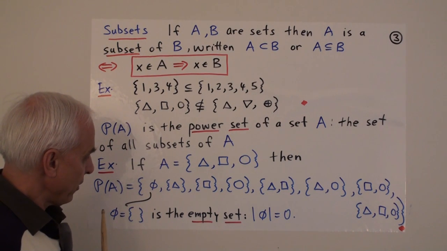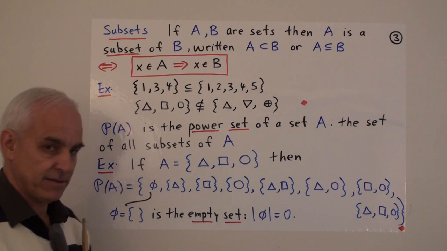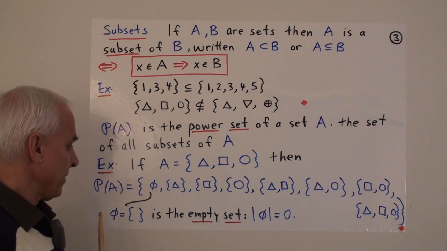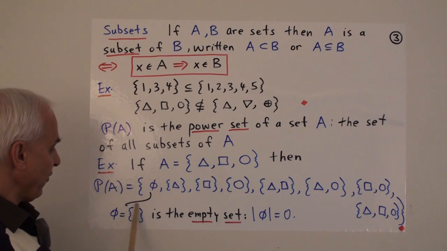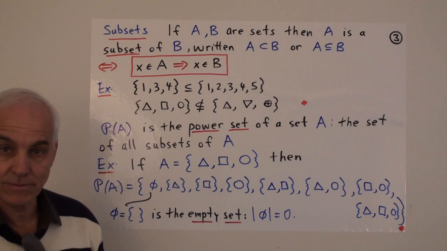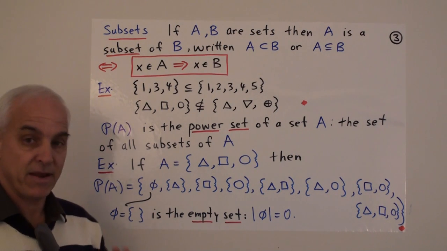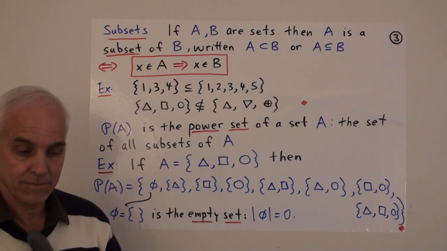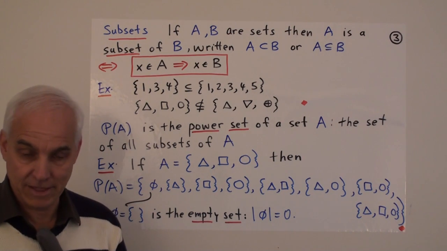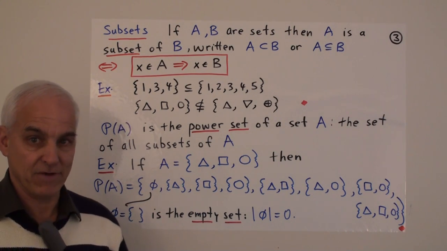First of all, there's the empty set. This is a very special set. It's a set which is often also denoted like this, a pair of braces with nothing inside. So it's the set with nothing inside it. It's important to include that as a set, even though you might think it's kind of nothing.